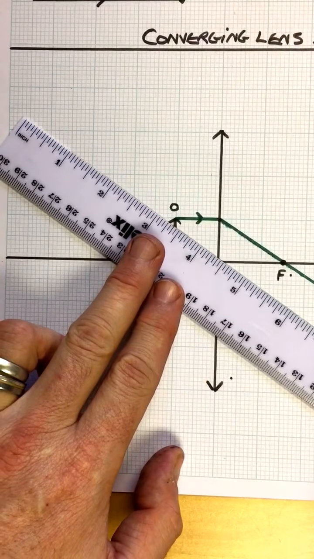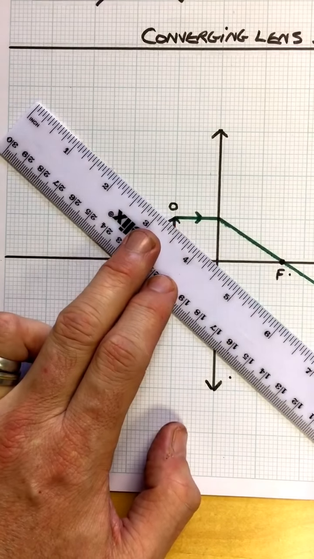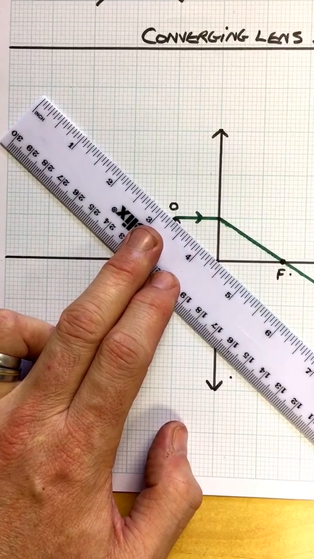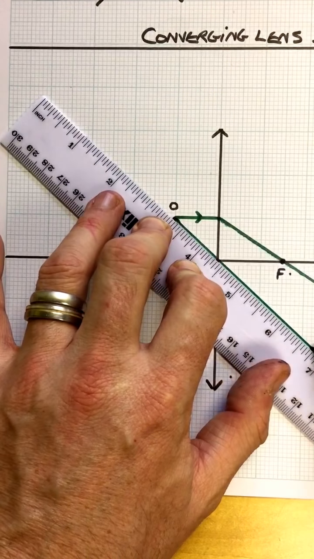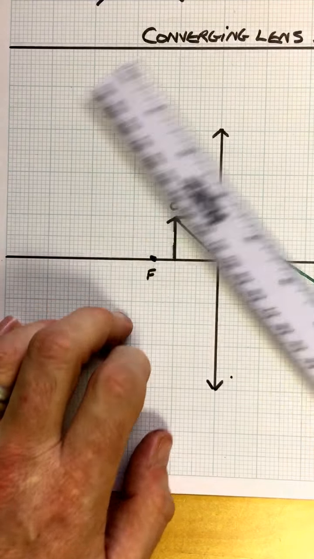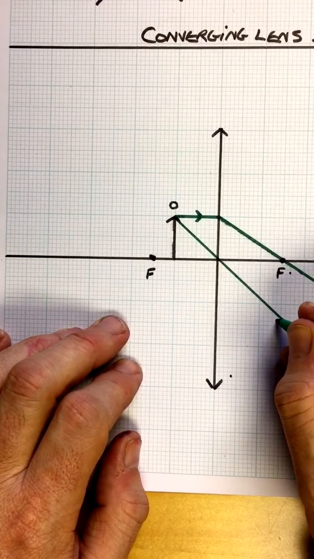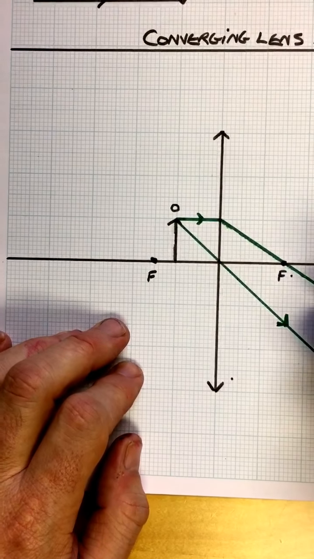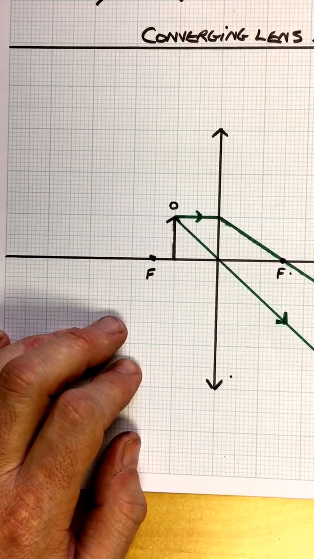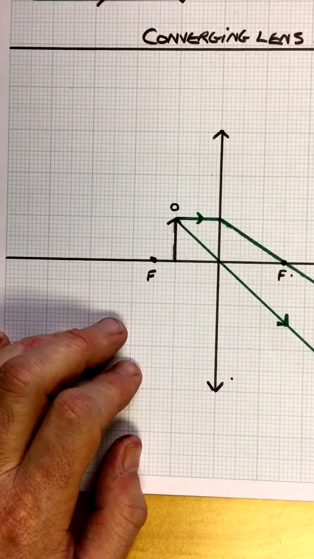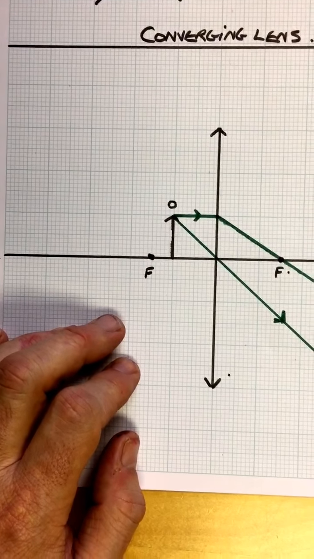We will get a ray going through the center of the lens, so we can show that from the top of the object going through the center of the lens. And the interesting thing that hopefully we can see here is that these 2 rays here are never going to meet if they continue in this direction, because they're getting further and further apart from one another.